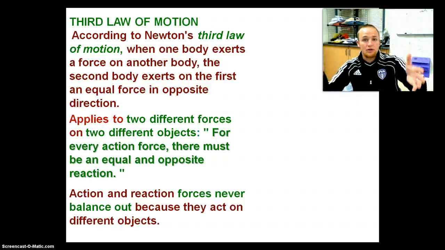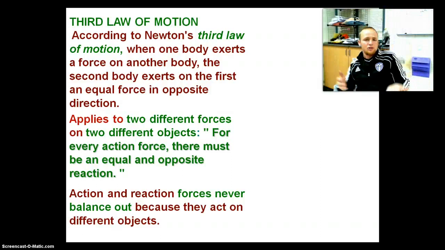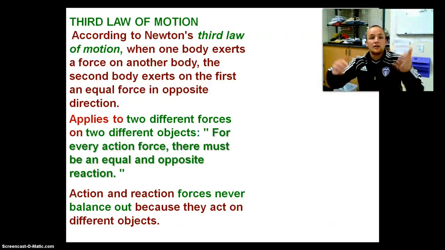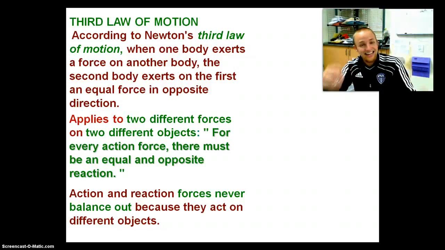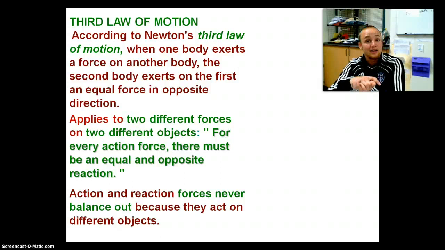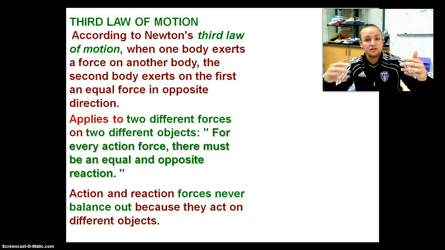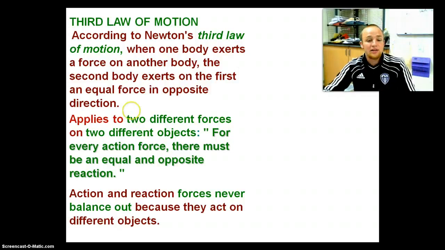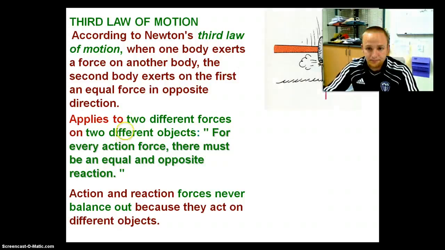If I have a book and a table is holding it up, and gravity is pushing it down, the table and gravity are both acting on the same object, the book. But in Newton's third law, the book is resting on the table and the table pushes back up. The table exerts a force on the book and the book exerts a force on the table, and they don't cancel out because they're different objects.